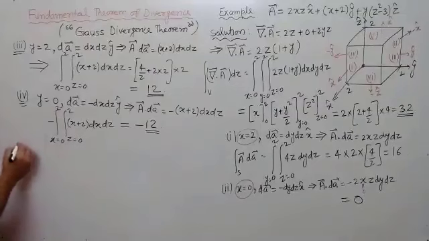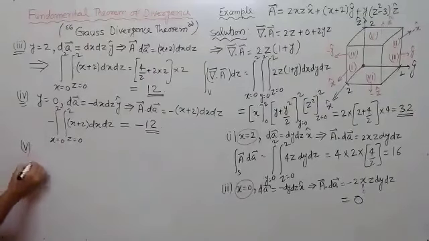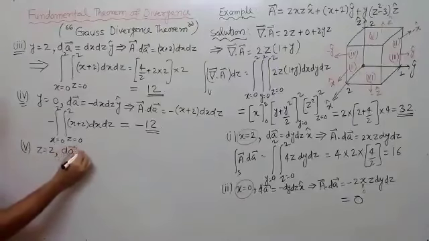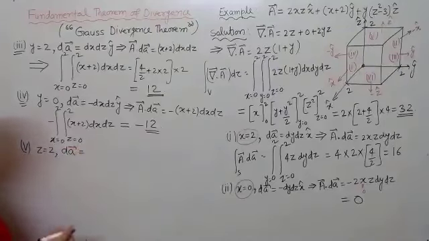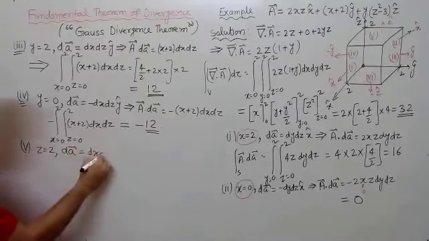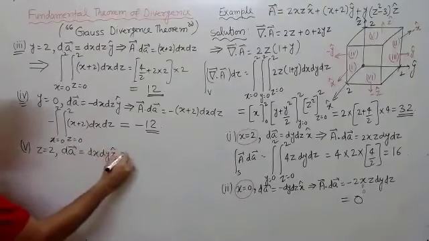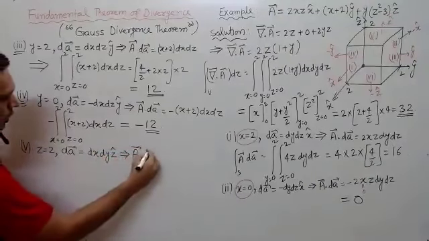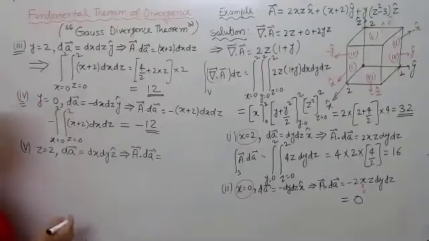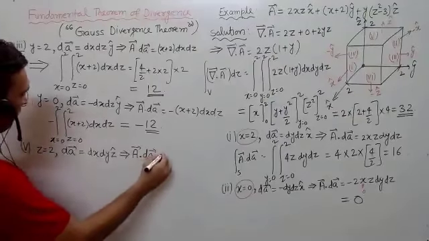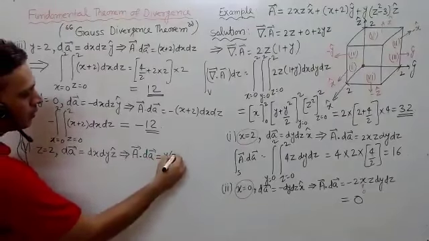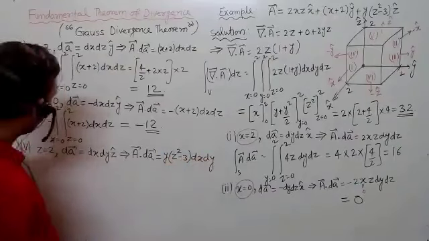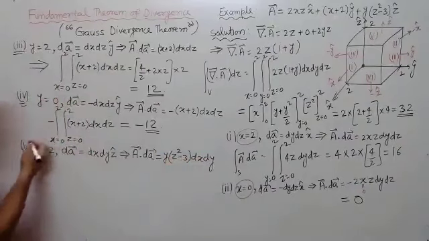Now surface 5. z is equal to 2 plane. So what will be dA? dA over this surface will be dx dy z cap. So what will be A dot dA? This is y z square minus 3 dx dy. Put z is equal to 2 here.